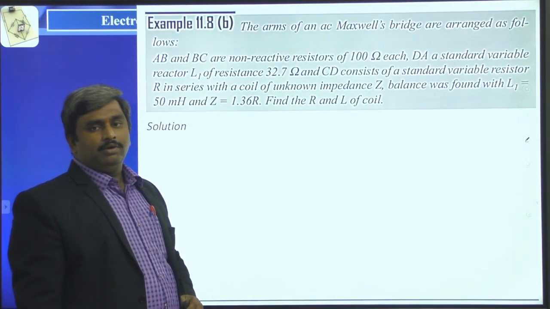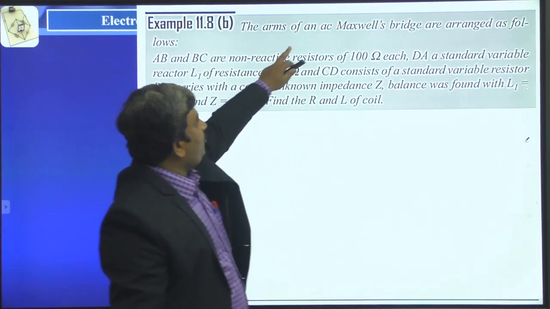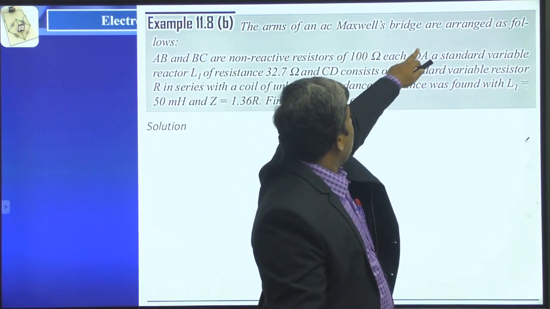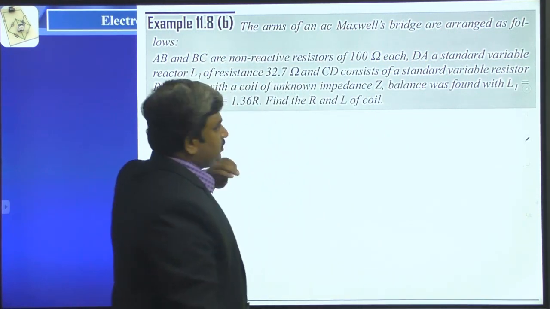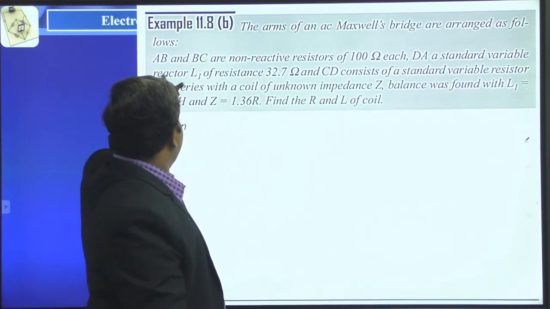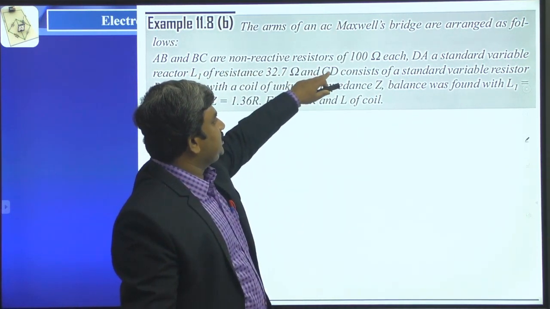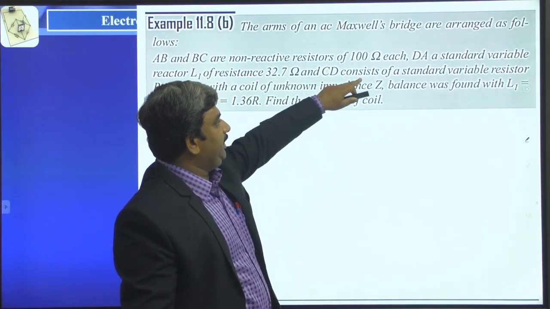One more problem based on this Maxwell's bridge. The arms of an AC Maxwell's bridge are arranged as follows. AB and BC are non-reactive resistors of 100 ohms each.